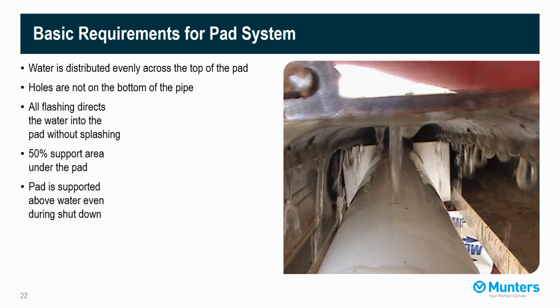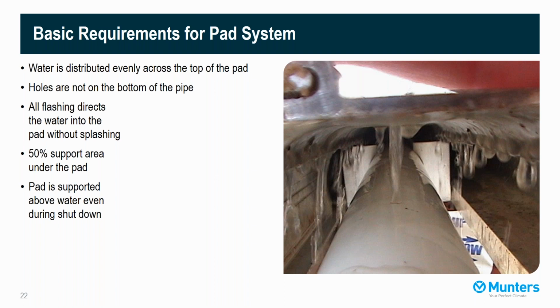So our basic requirements for the pad system: we want the water to be distributed evenly across the top of the cooling pad. We want to make sure the holes are not in the bottom of the pipe, because we can get sediment collecting in the bottom of the pipe and plugging the holes.